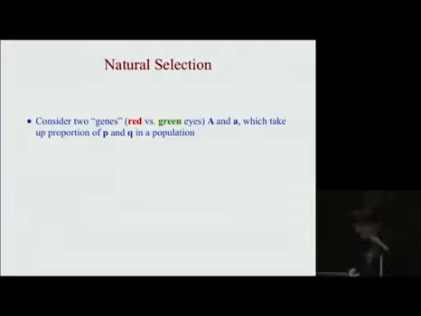Okay. So here's the basic model of natural selection. Let's say you have two genes or two competing variants, call them big A and small a. It could be red eye or green eye, in fruit fly. And they make up the proportion of P and Q in a population, so percentage of P and Q. And let's say, for whatever reason, the red eye, big A is slightly better.